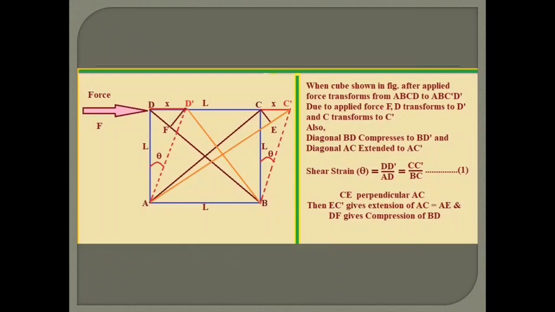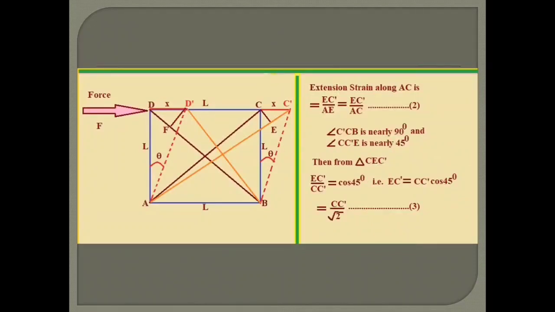From the diagram, CE is perpendicular to AC, then in the diagram AC dash gives extension of AC, which is equal to AE, and DF gives compression of BD.